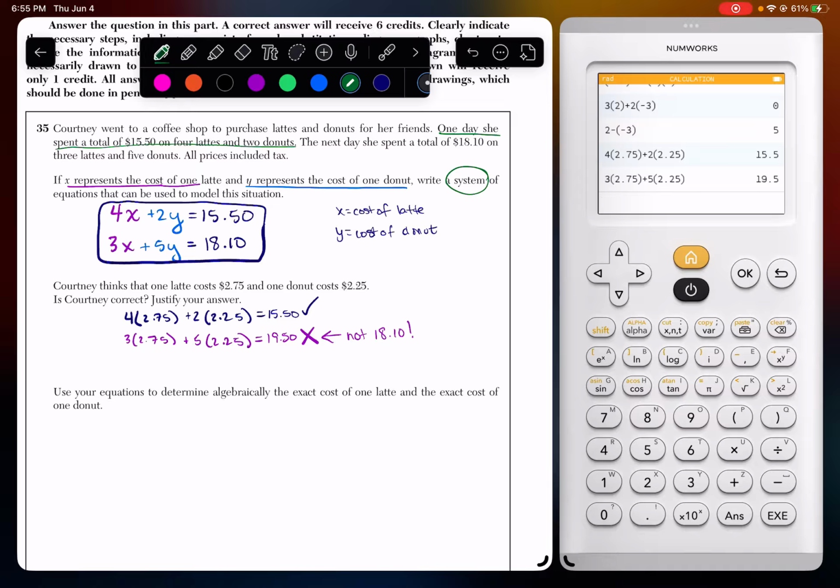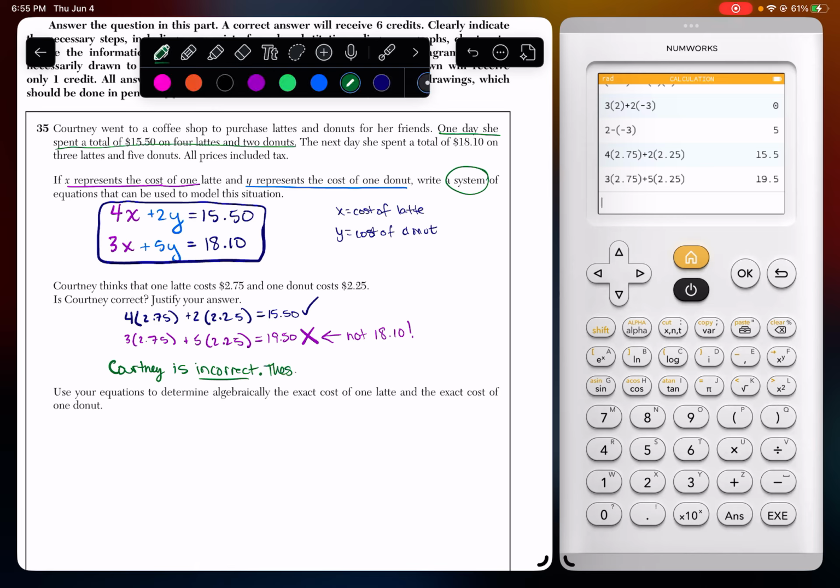So, since this works in the first equation but not in the second equation, Courtney is incorrect. Only makes one true. Or I would say Courtney is incorrect.